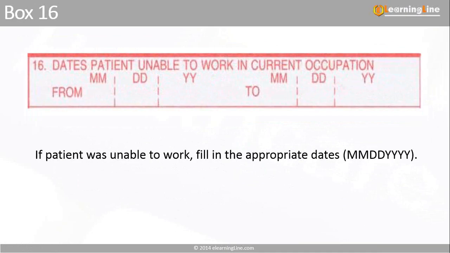There are many instances where the employer is liable to make the payment for all the days the employee was not able to work. That is only when the employer is at fault. Otherwise, it's not. So in that case, these fields play a very big role: if the patient was unable to work, fill in the appropriate date. So if for some reason, due to some sickness, they were not able to work, the date is given here.